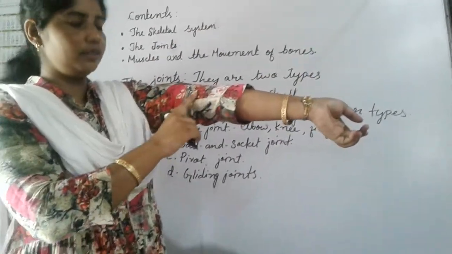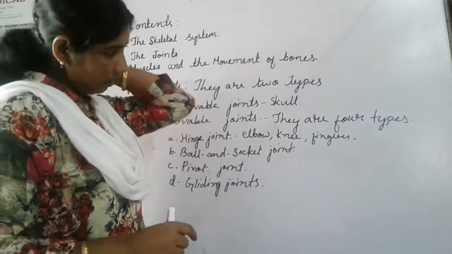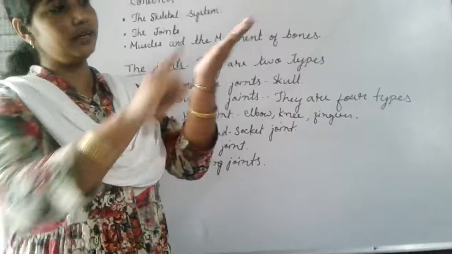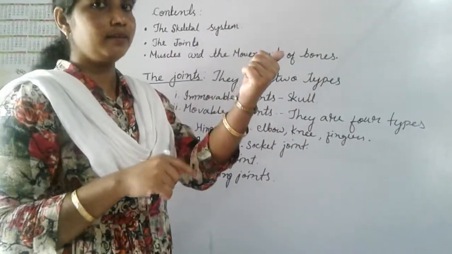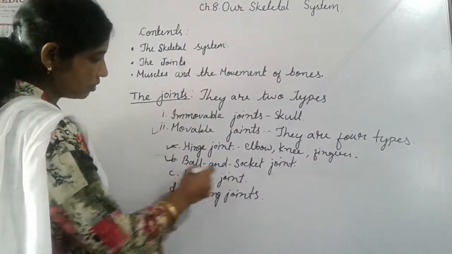So it is only one direction, no? Like the hinge of a door. In the same way, in our finger also, we cannot move downwards, only upwards. Understood, no?